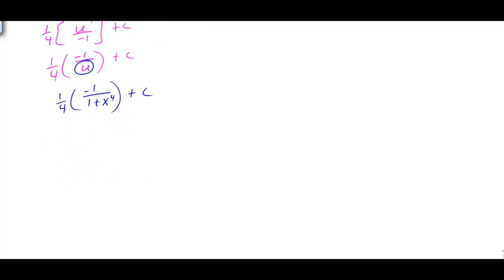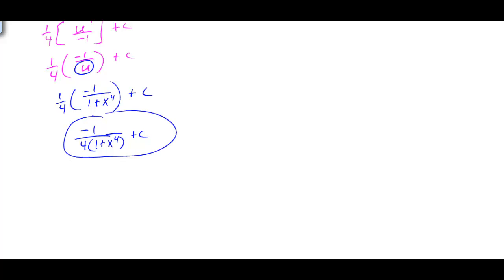And we could simplify this a little bit here. We could certainly write this as -1 over, if you prefer, we could take 4 times 1 plus x to the fourth plus c, and that'll look a little bit nicer.